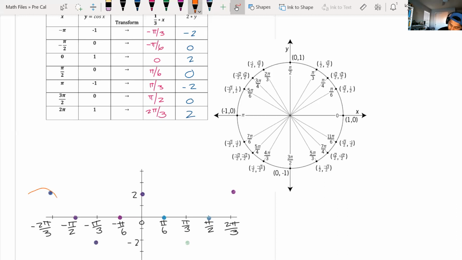So here's what my transformed cosine function looks like. What we did was horizontally compress it and then stretched it by 2. If I were to draw the original cosine function for this graph, it would look like this. Actually, it would probably be a little flatter.